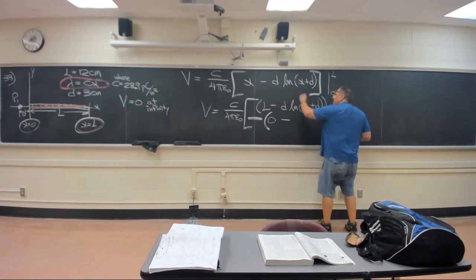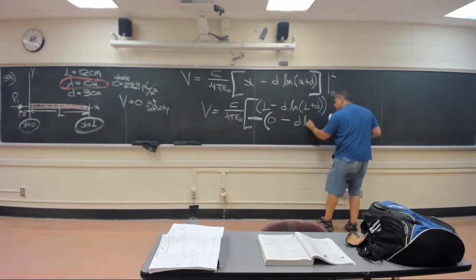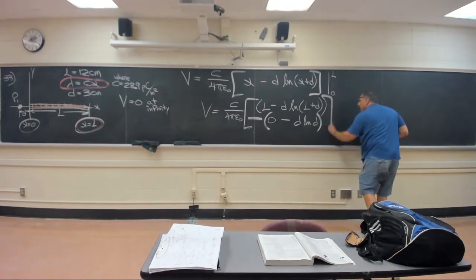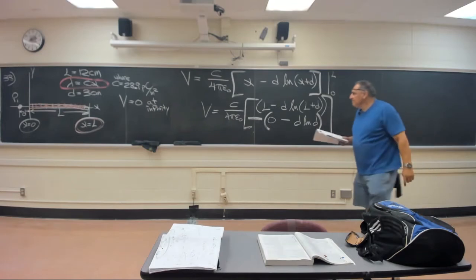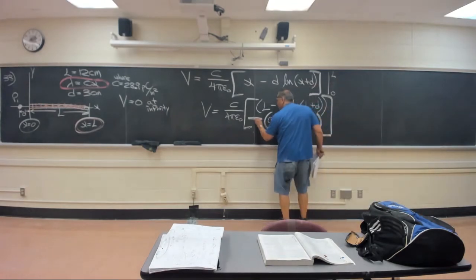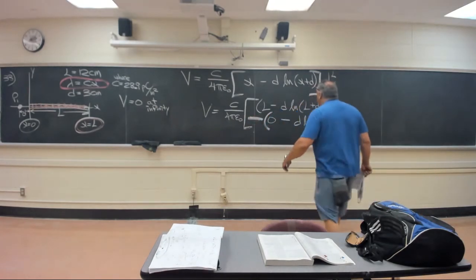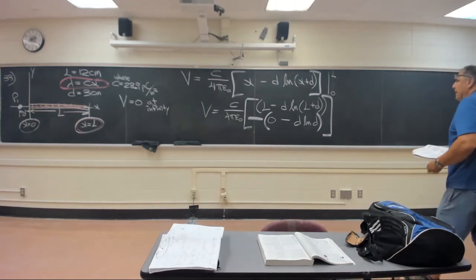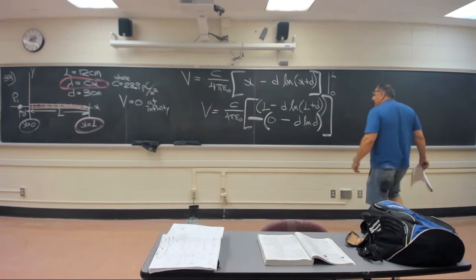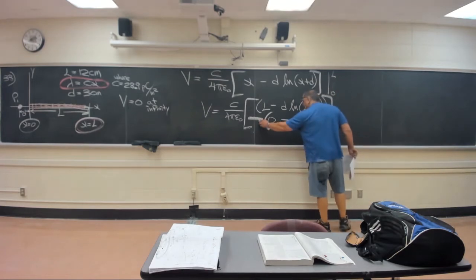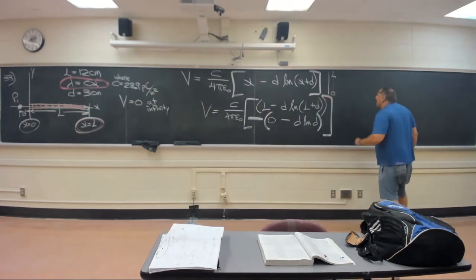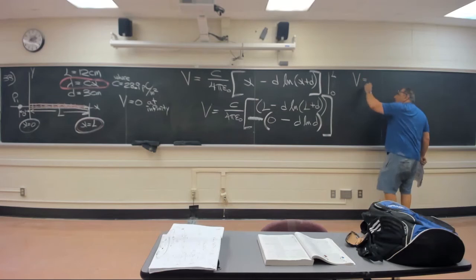Put a 0 right here. So there it is, guys. What does this mean? Well, minus and 0 doesn't amount to much. Minus a minus is plus. Here's the L.